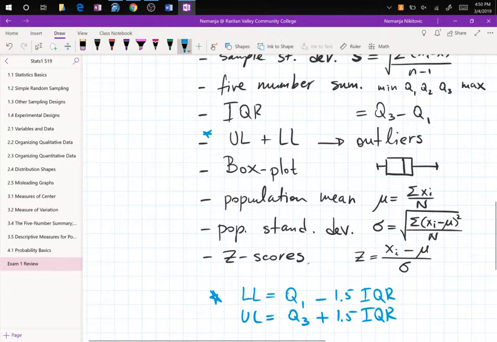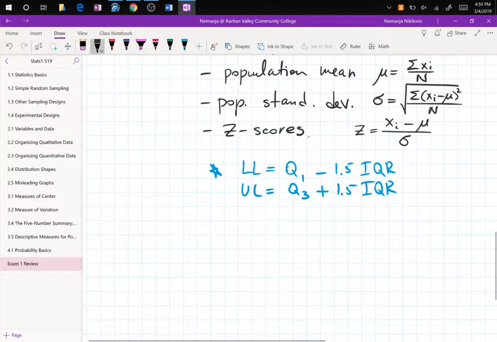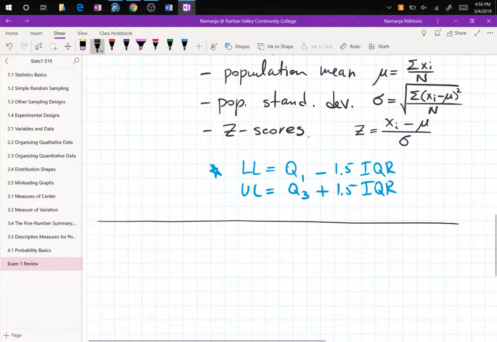Good. Yes? Can you go over boxplot? Like draw one and just walk through it. So the box plot is 100% a question on your exam because it has to be there. A box plot is your graphical representation of the 5-number summary.